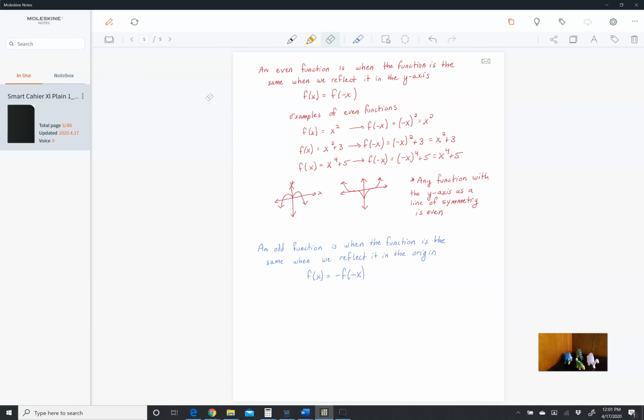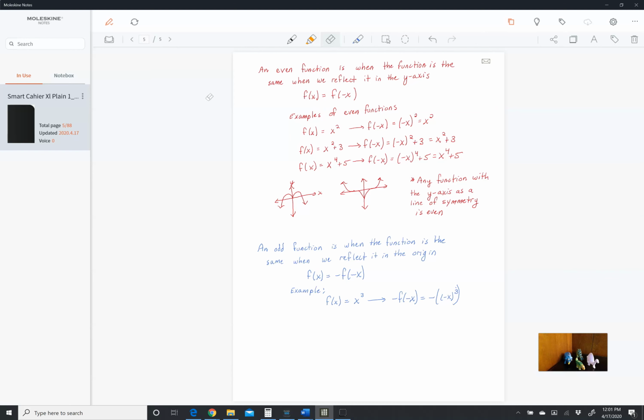So, for example, I don't have a lot of examples when it comes to graphing, but if you have f of x is equal to x cubed, okay? Negative f of negative x, negative of negative x cubed, right?